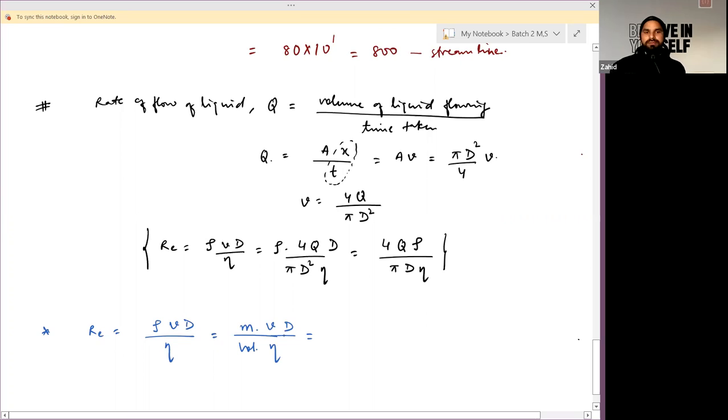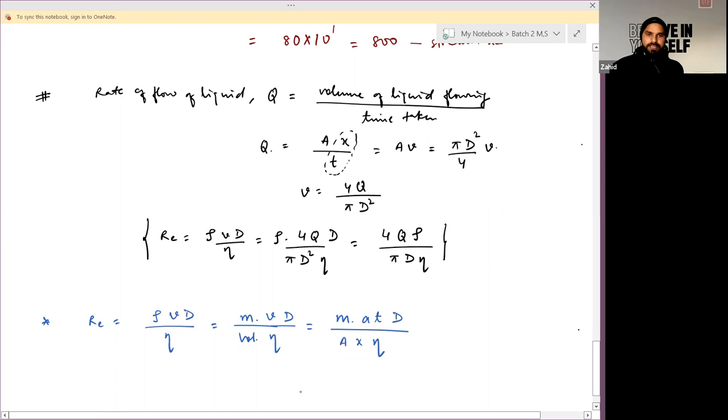Keep mass as it is, and write velocity in terms of acceleration using the first equation of motion, taking initial velocity to be 0. So velocity will be acceleration into time, into diameter divided by volume. We can write volume as area into length, times eta.